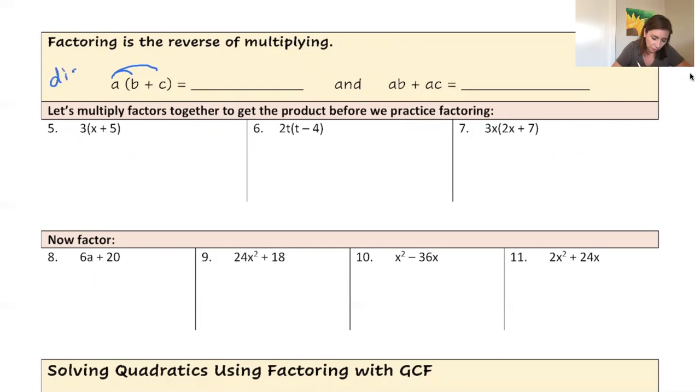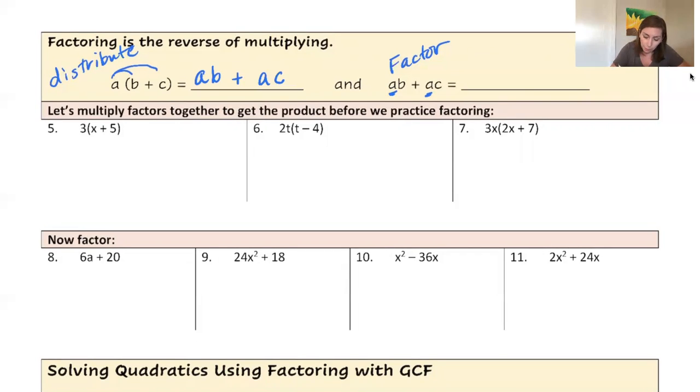Again, you could call this distribute or distributing, but we're going to multiply that A through, A times B and then A times C. The opposite of that would be factoring. And so here we're going to factor. What I'm looking for is that GCF, that greatest common factor, and I can see that A is a factor of both terms.